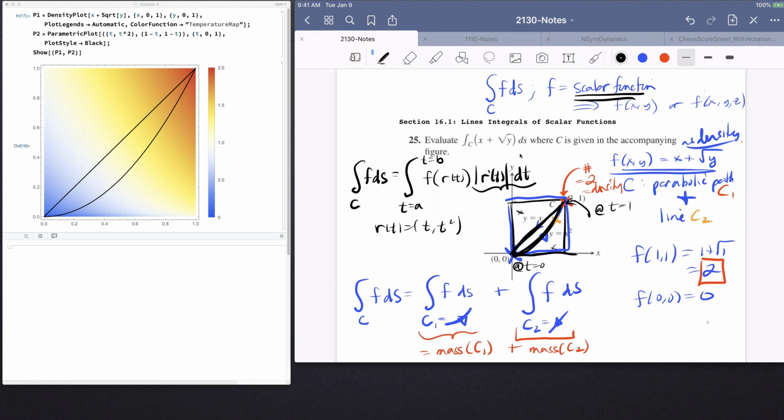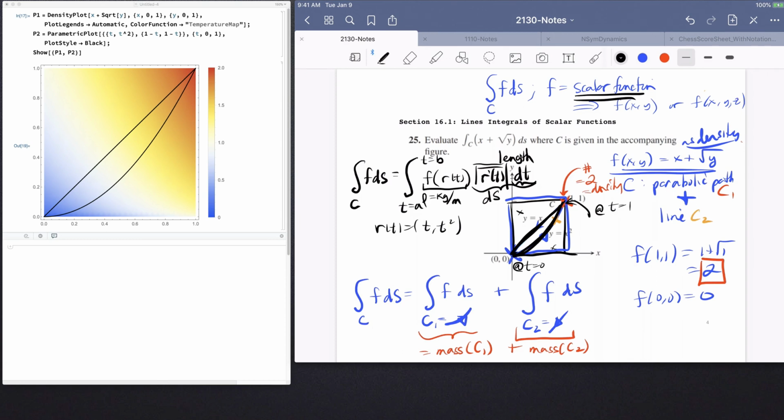It was this quantity here which we called ds. This ds has the units of length. Velocity times time is equal to distance, or length. And this function has the units of, say, kilograms per meter, a density function.